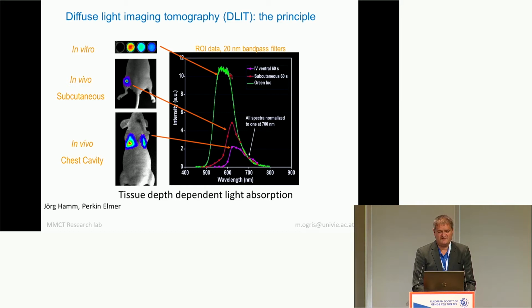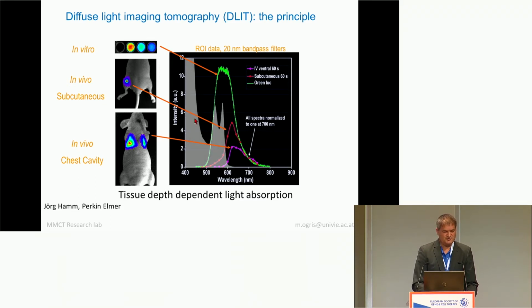So you have here the emission spectrum of the firefly luciferase. It peaks around 560 nanometers, but ranges from a bit above 500 up to 700 nanometers, just with different intensity. At the same time, you have here absorption due to hemoglobin and other body fluids.